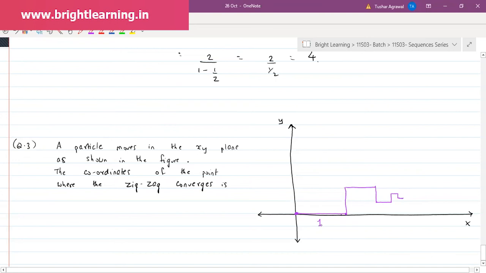This is 1. This is half. This is 1/4. This is 1/8. This is 1/16. Coordinates of the point where the zigzag converges.